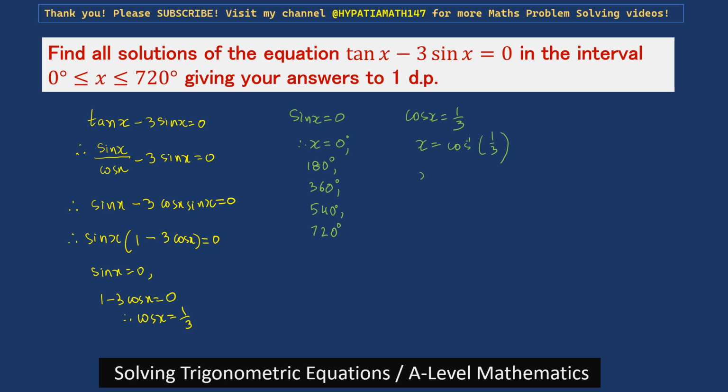So then x is 70.5 degrees. Once again we have to refer to the quadrant. There's all positive again: all, sine, tan, cos.